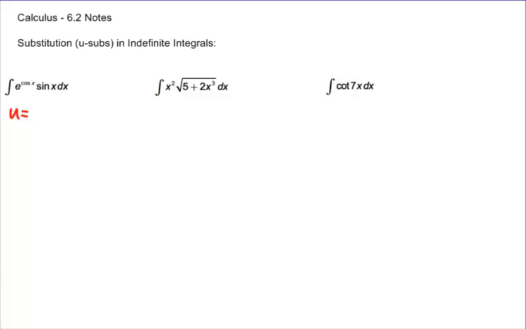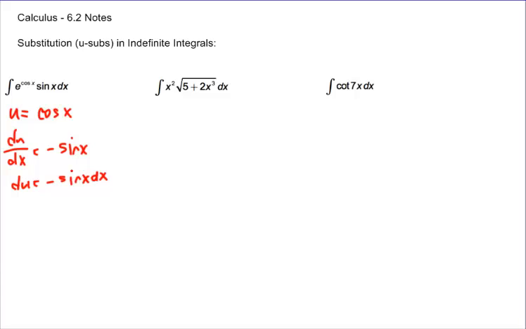And in this particular case, I want it to be cosine x. And the more you work these, the easier it'll get to see what you need to do with your substitution. And then I'm going to look at what du dx is equal to. And the derivative of the cosine is negative sine x. Okay? And so go ahead and make du by itself. So this is going to be negative sine x dx.